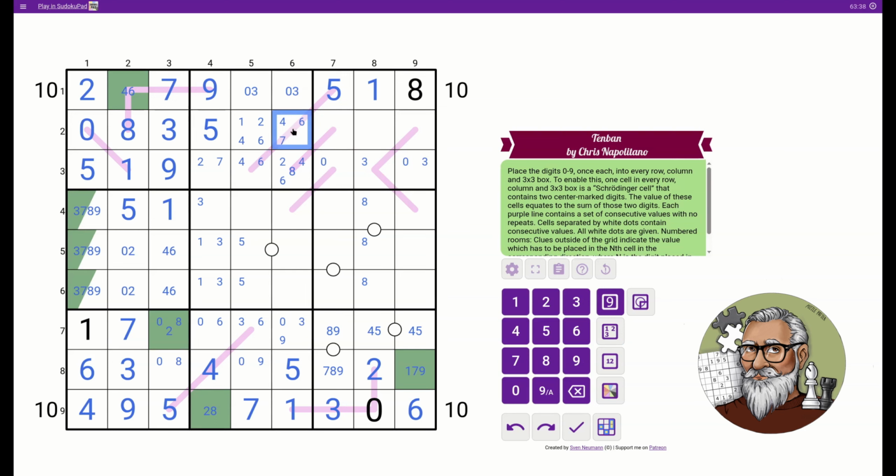So this is either 4-5-6 or 5-6-7. So there's definitely a 6 here now. Oh, and it's not green. All right, so one of these is green.